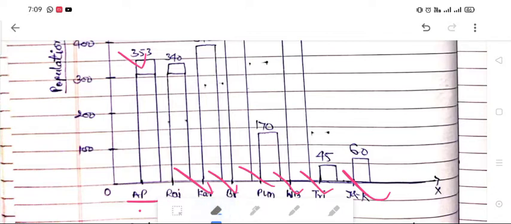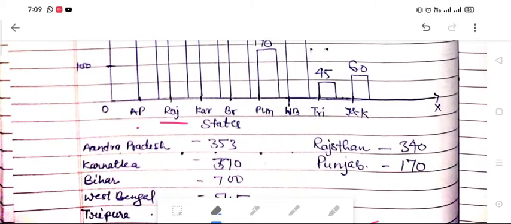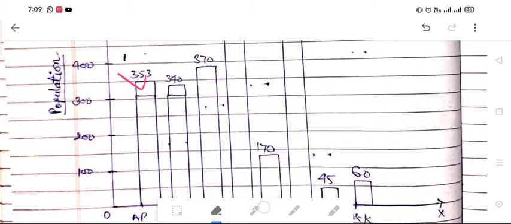Similarly, for the second, that is Rajasthan, the population is 340. So the difference between the first bar and the second bar is clear. The second bar is smaller in comparison to the first bar.